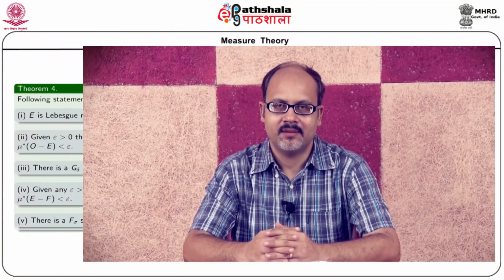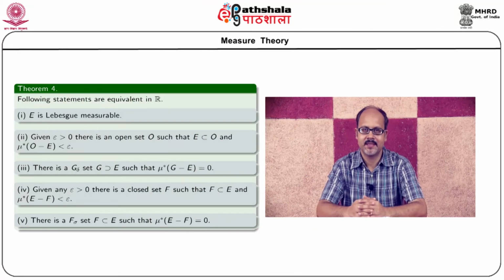We now present the explanation for the implications 4 to 5 and 5 to 1. Now, first consider the implication 4 to 5. For any positive integer n, by 4, we can choose a closed set F_n subset of E such that mu star of E minus F_n is less than 1 by n.